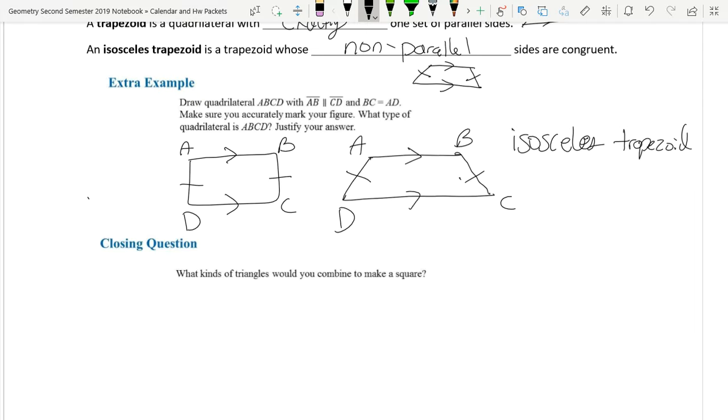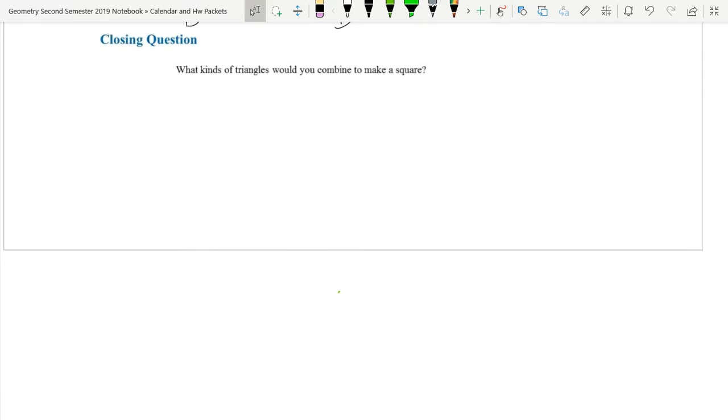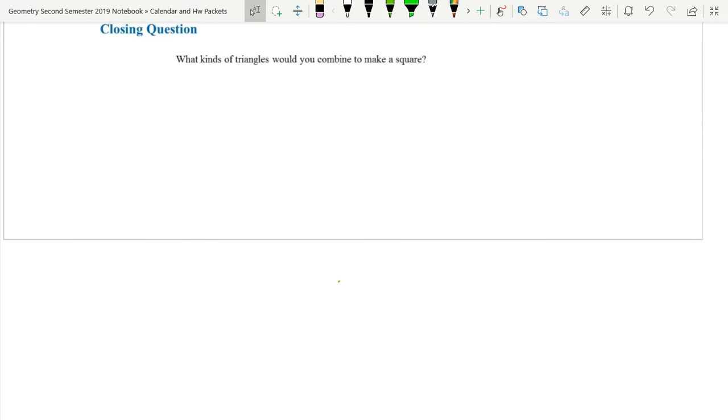Okay, so closing question. What types of triangles would you combine to make a square? I'm going to try using ink to shape here. See how that goes. Okay, and I'm going to mark it a square. And we'll go over this in class, the properties of a square. All 90-degree angles, all congruent sides.